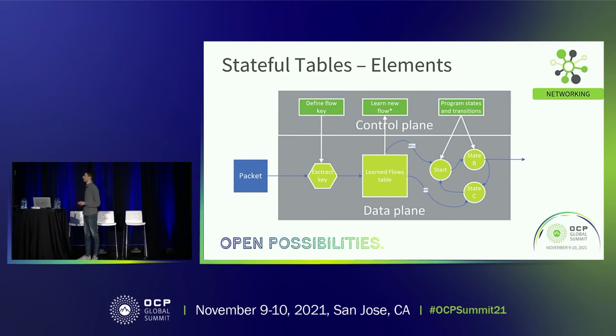A stateful table, or what some people call a stateful ACL, is the next iteration in the hardware ACLs, where the main difference is that they perform learning on their own. So you don't need to use the control plane to actually learn new entries in this table.